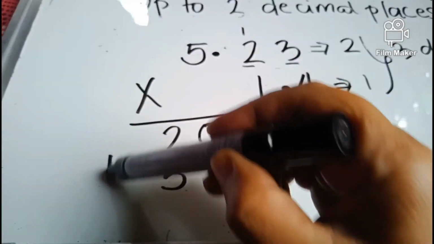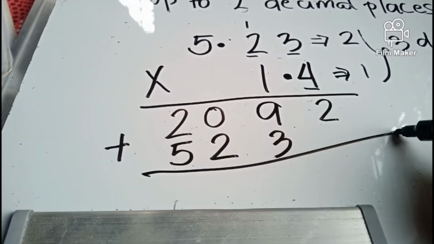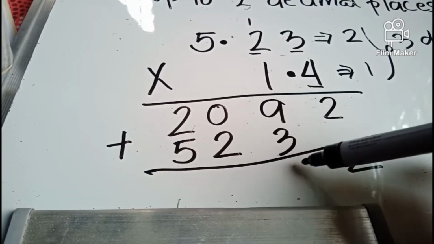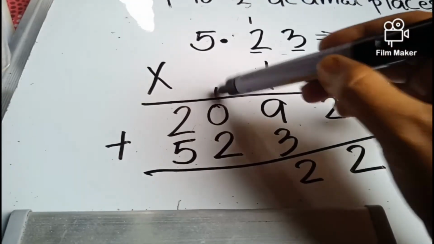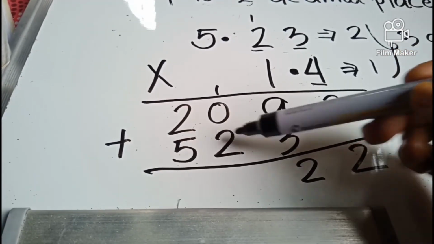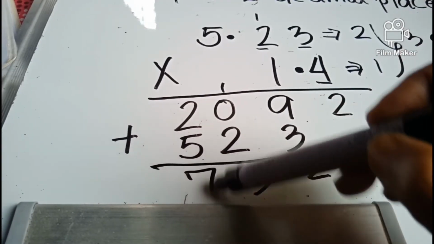And then, i-add natin yung ating partial product. 2, 9 plus 3, it's 12, carry 1. 1 plus 0 is 1, plus 2, it's 3. 2 plus 5, it's 7.